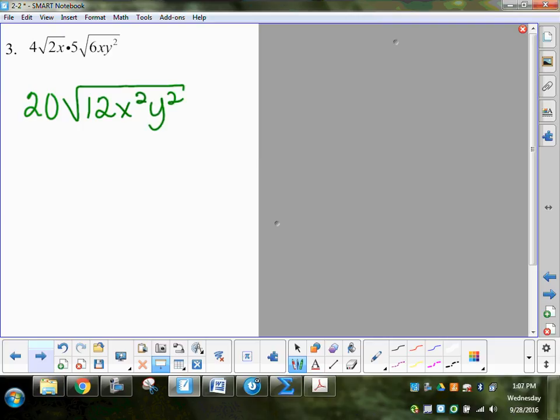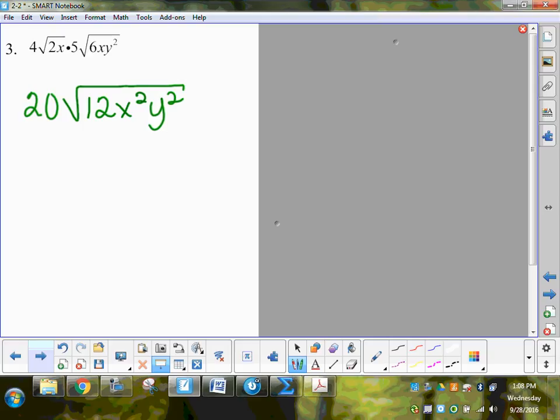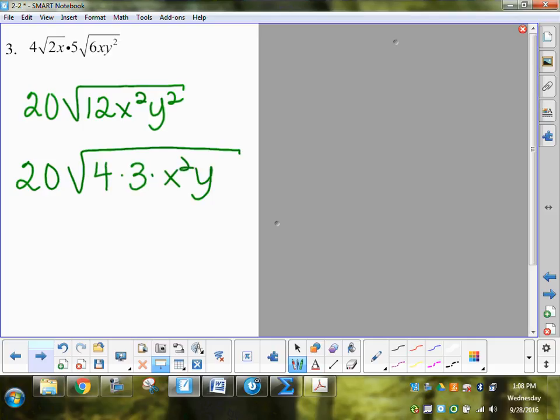Now I need to simplify down the radical. You're lucky that it's an x squared and y squared. How do I want to break down the 12? Noah, what would you need to do? 4 times 3. What can I take the square root of, Maddie, that's currently there? Which is?